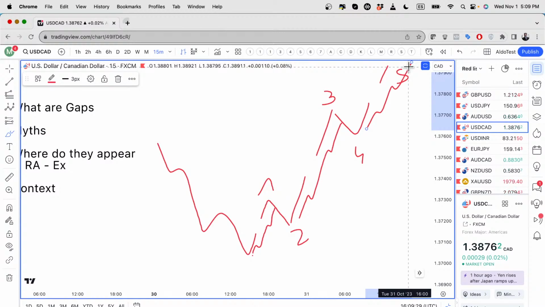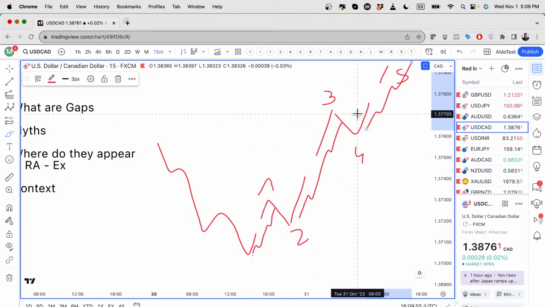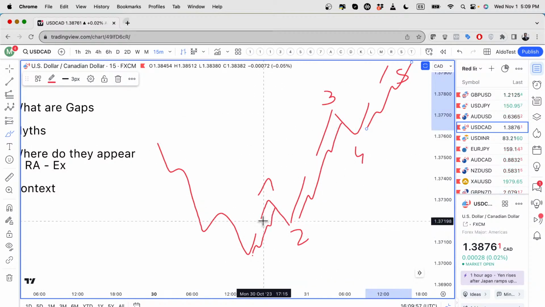So those are obviously no rules, but why do gaps occur? Well, they happen because the market is in a hurry to make progress in that particular direction. So in this case, the market, let's say, has completed the decline, so it's really in a hurry to recover, and then it gaps.